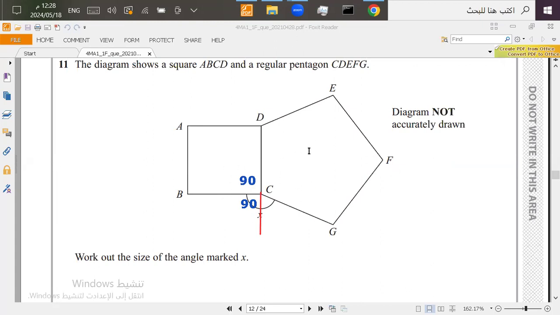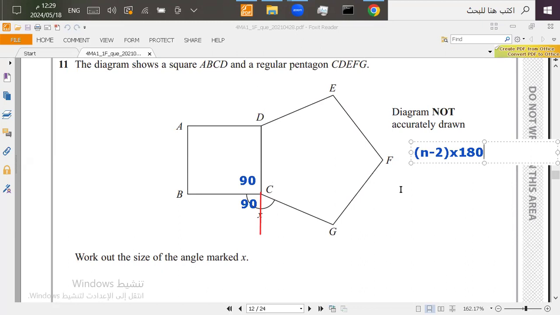Now let's talk about the pentagon. The pentagon here, we have 5 sides. First thing we have to do, we have to find out the sum of the angles of the pentagon. We're going to use the rule of n minus 2, and then we multiply it by 180 to find the sum of the angles of the pentagon. We can do this and then find the interior angle of the pentagon.